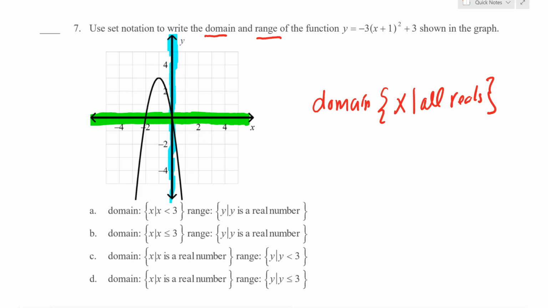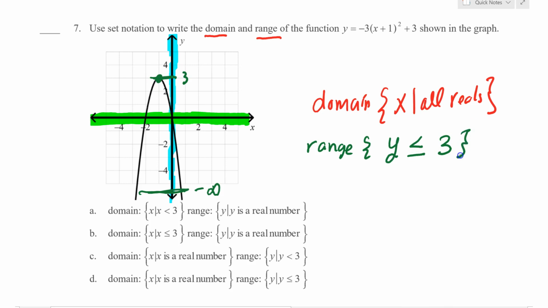And you notice that the highest y value is 3, and then the lowest y value is -infinity. So it's actually the range is y less than, and here it's going to be equal to, less than or equal to 3. A lot of you miss this problem. Now there is a problem like that above there, and so you can work on that and practice.